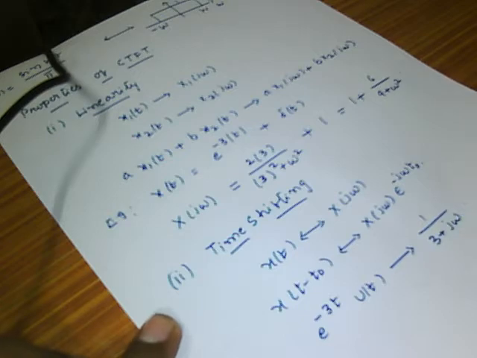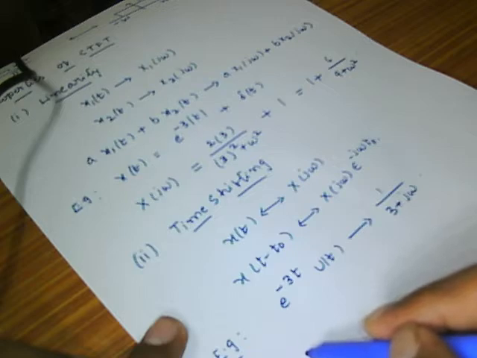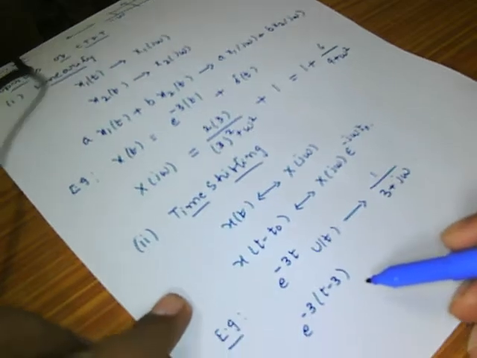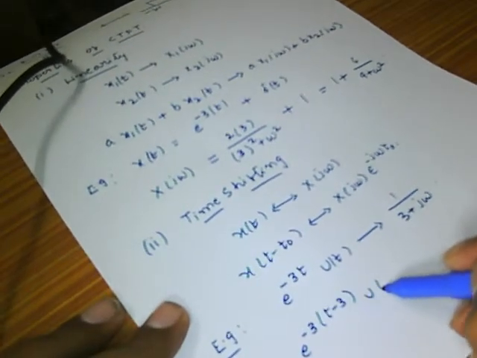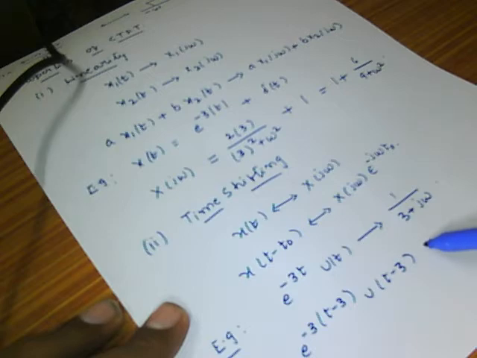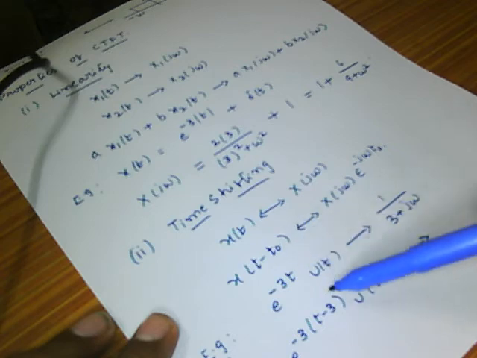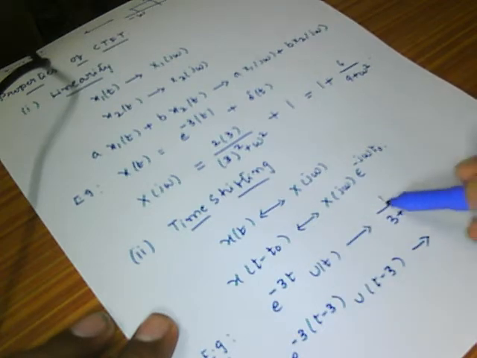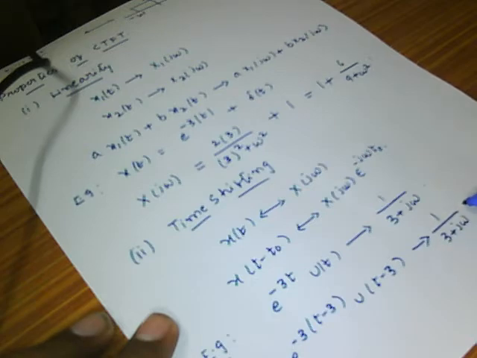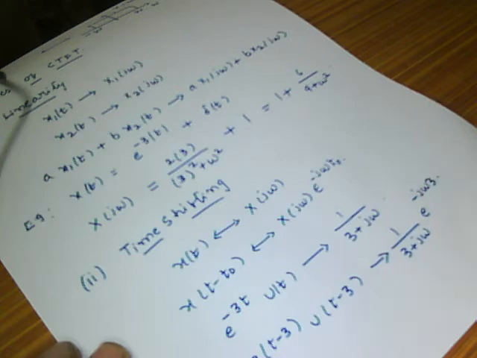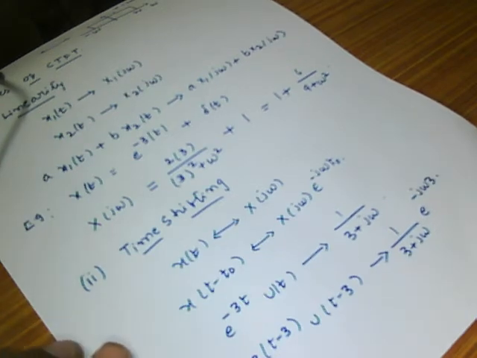Now if you want to find the Fourier transform of e power minus 3 into t minus 3 into u of t minus 3, then applying time shifting property, for us t naught is equal to 3, so what do we get? This is our x of j omega. It will be like this: 1 by 3 plus j omega into e power minus j omega into 3. Okay, so that's it. So it's an easy way of computing the Fourier transform of this signal.